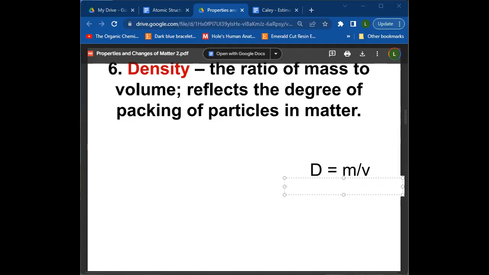Okay, so we need to know that density equals mass divided by volume. We definitely do need to know that formula. This means that things with high densities have a large mass but a small volume. So the particles are very heavy, but they don't take up very much space.